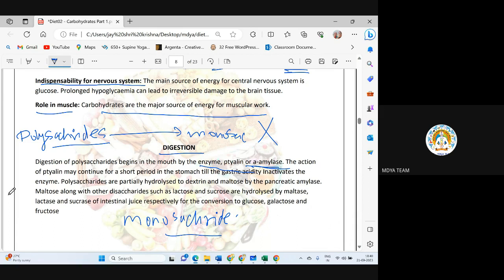What does digestion mean? Yes, digestion means breaking down of complex substances into simpler substances. So it starts breaking down in our mouth. The enzyme which helps in this process is ptyalin or alpha amylase. So we will go through this table.